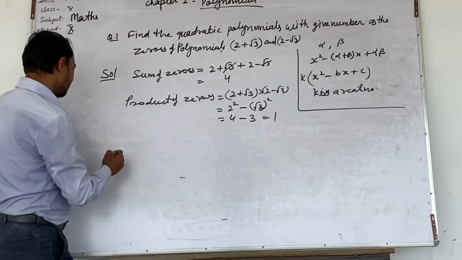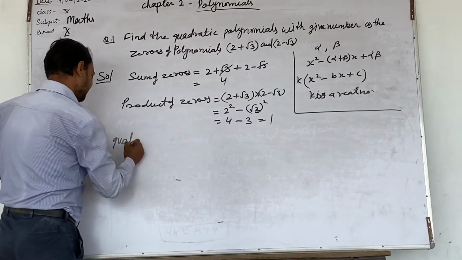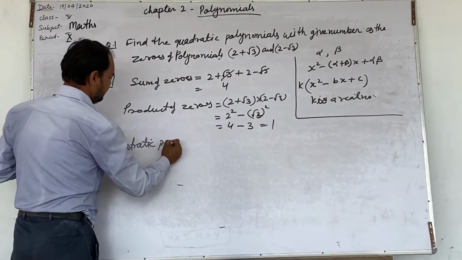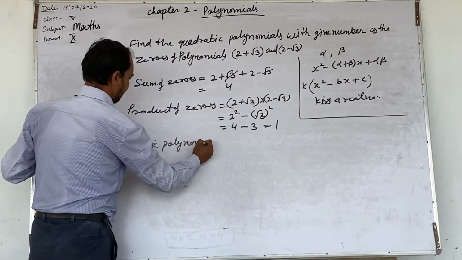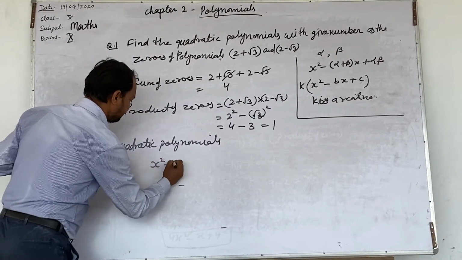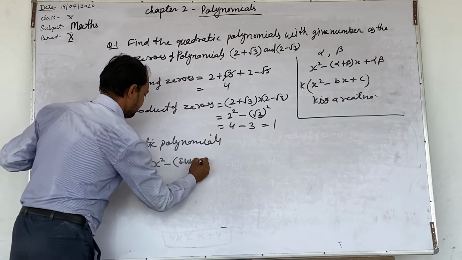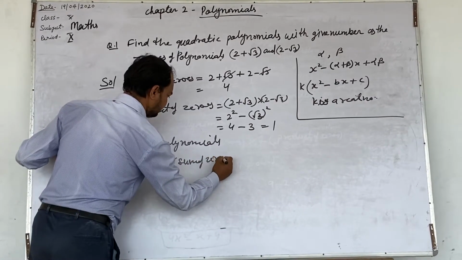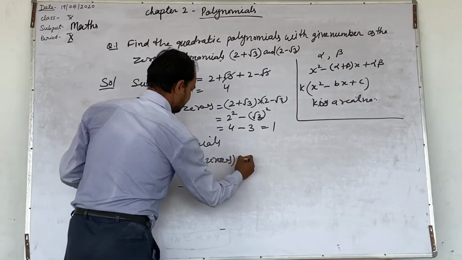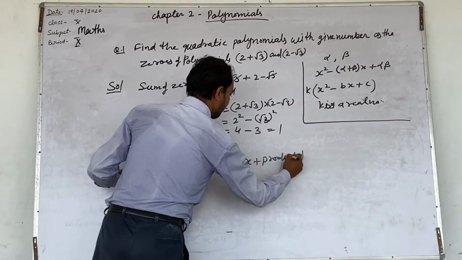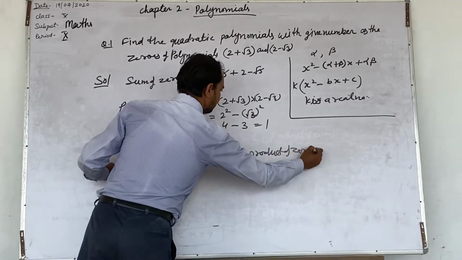Now you can use the formula for the quadratic polynomial. What is the quadratic polynomial? x square minus sum of zeros into x plus product of zeros.